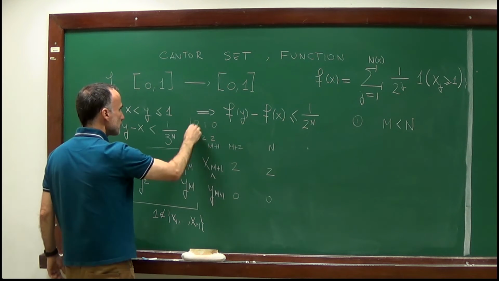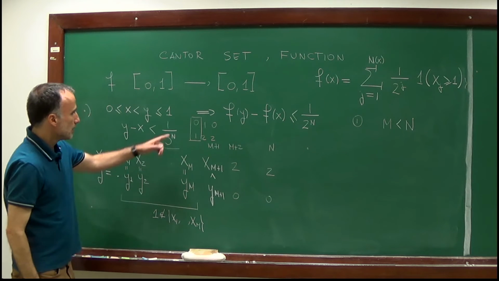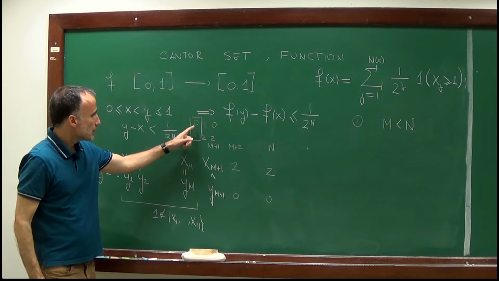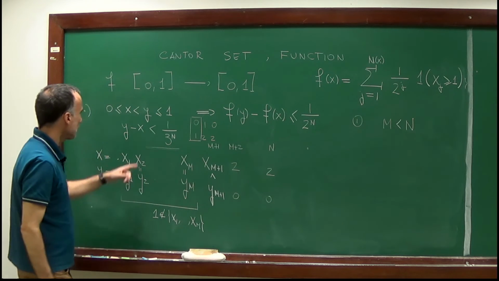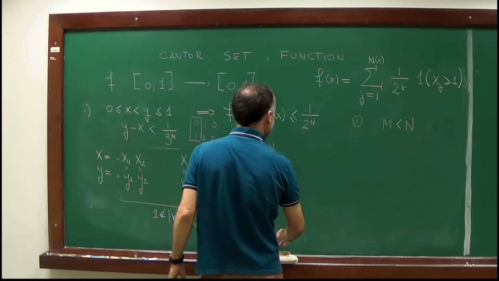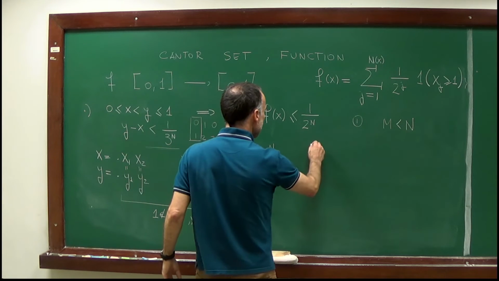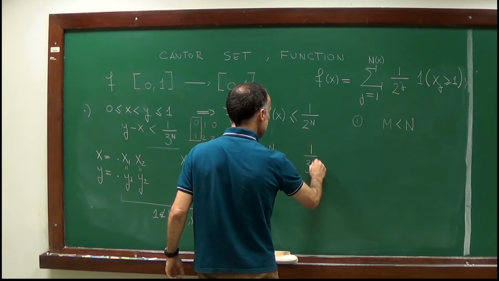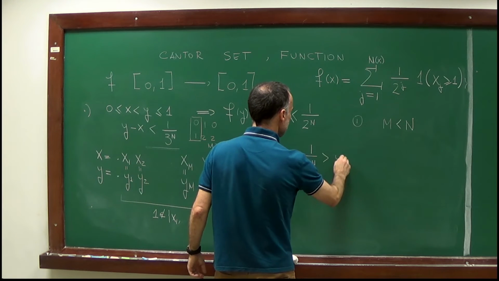So let's consider first the case in which x_{m+1} is equal to 0 and y_{m+1} is equal to 1. So I know that 1 over 3^n, by assumption, is larger than y minus x.